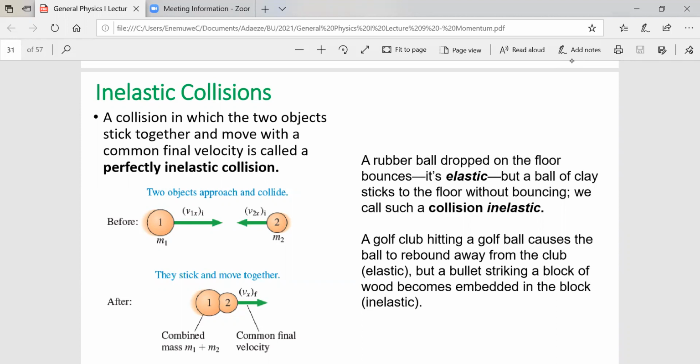So we'll meet that again in chapter 10. We'll mention the elastic, but for now, we'll focus on the inelastic collision.